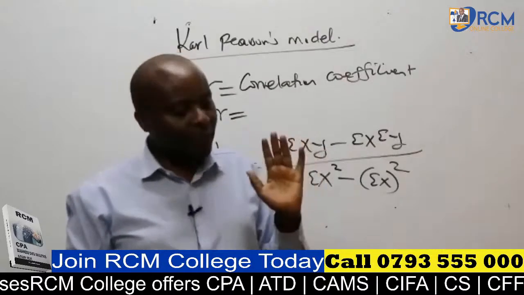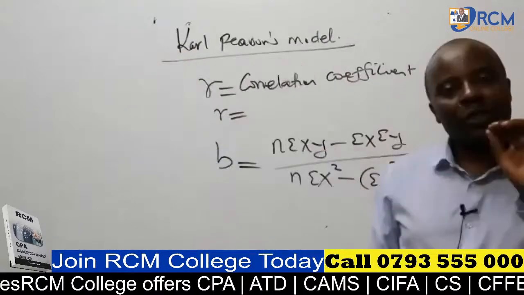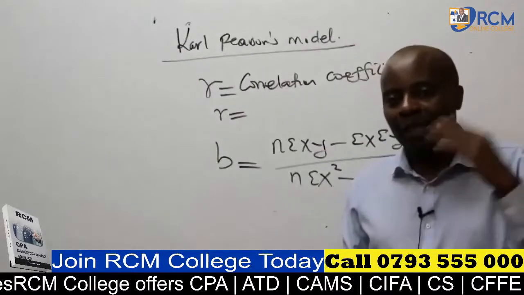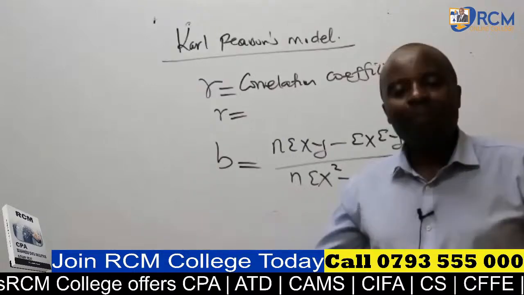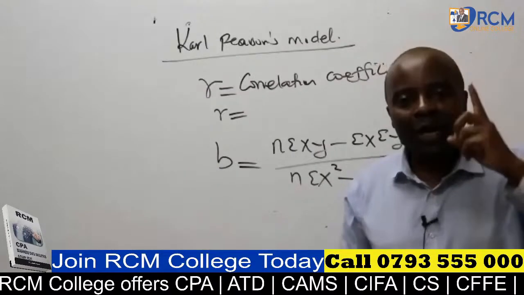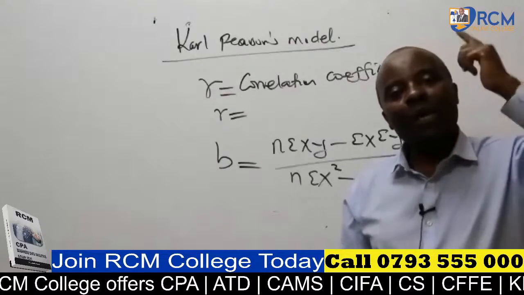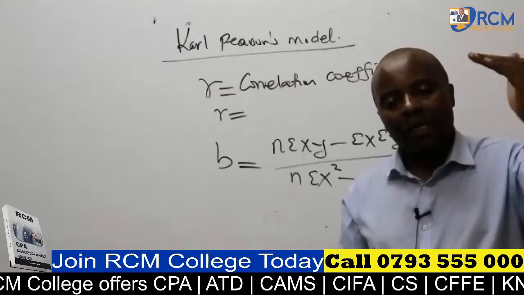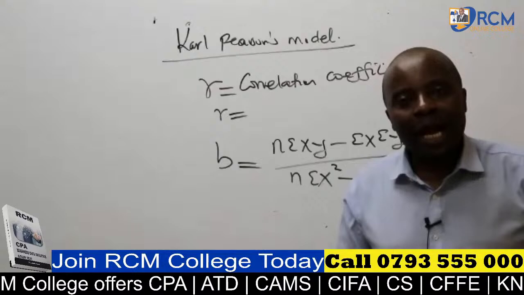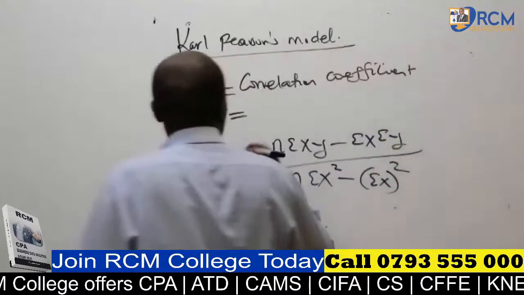Let me repeat this. One thing that will never escape my memory is that the numerator of R is the same as the numerator of B. So the numerators are the same.